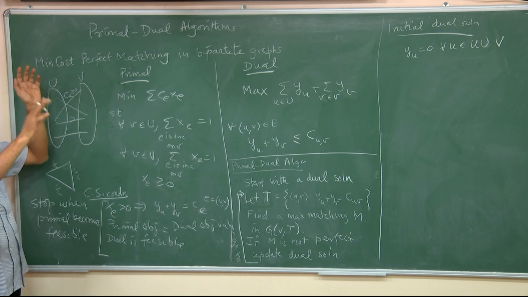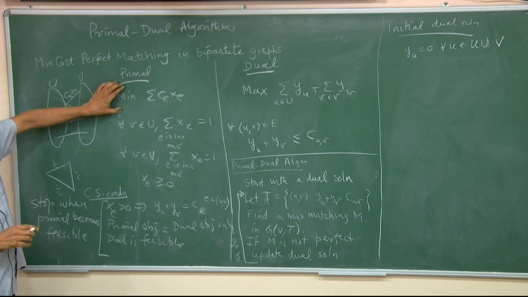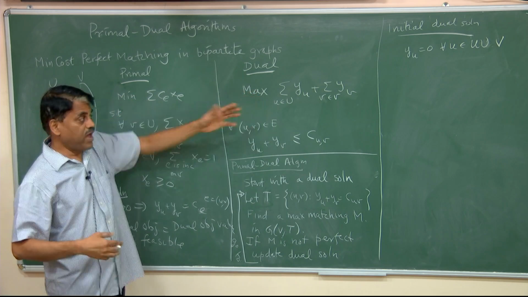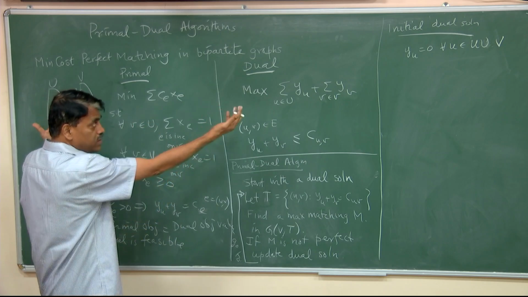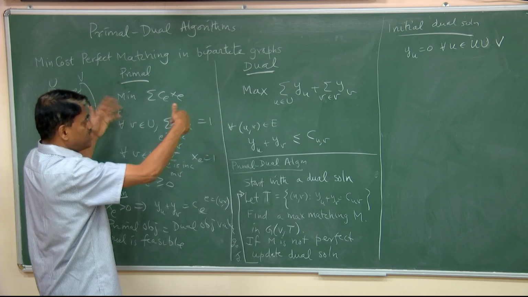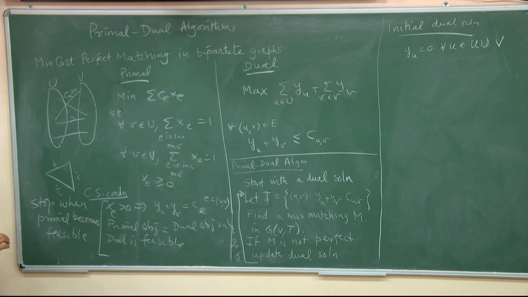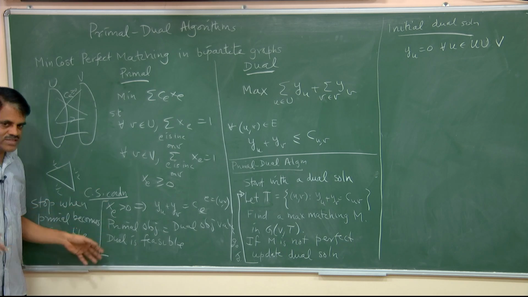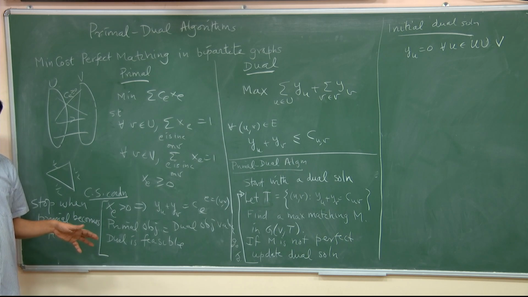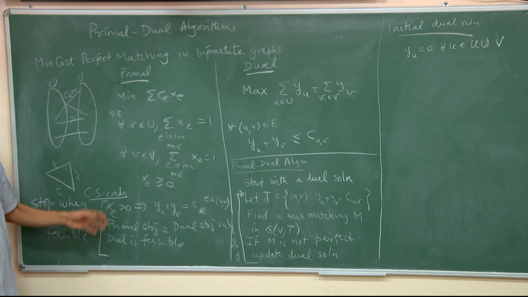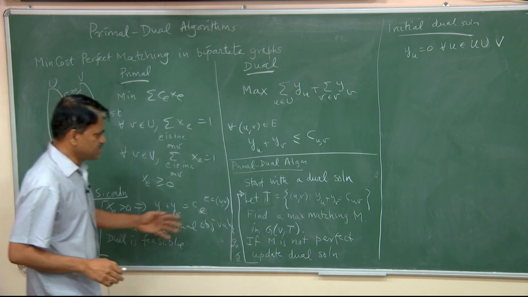If I have a primal feasible and a dual feasible where both objectives are the same, then I have reached the optimum. Remember we did this in the preflow-push algorithm. We stopped when it actually became a flow. We always maintained a preflow, but there were other conditions we were maintaining in the preflow-push algorithm. I want you to verify that they are actually this complementary slackness condition. So that's it. This is a translation of this.